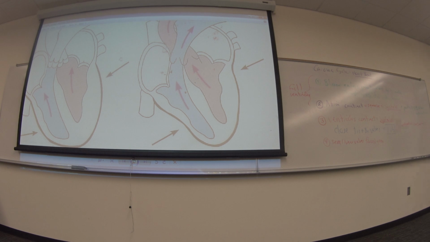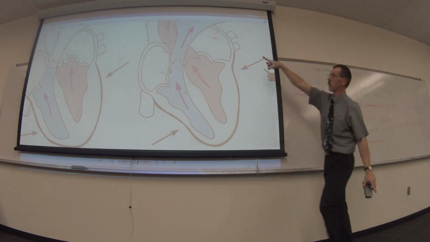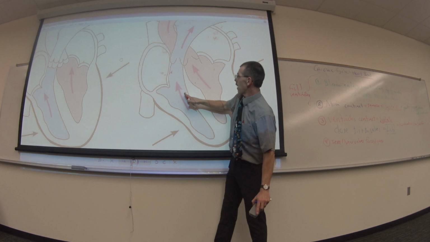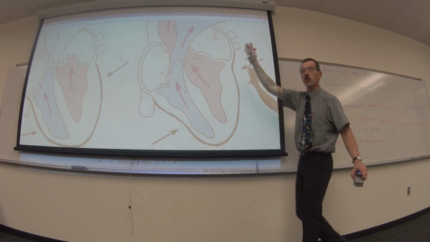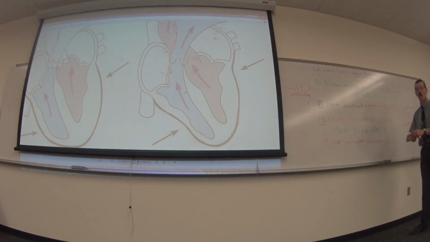Aren't those arteries up there at the top? So my blood's leaving my ventricles and entering my arteries. Which arteries are they entering? Pulmonary and aortic. Very good. The pulmonary artery and the aorta. Because remember, it's both sides. So some of the blood is going to my lungs, some is going to my body.